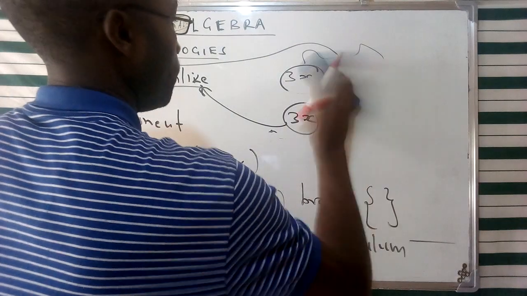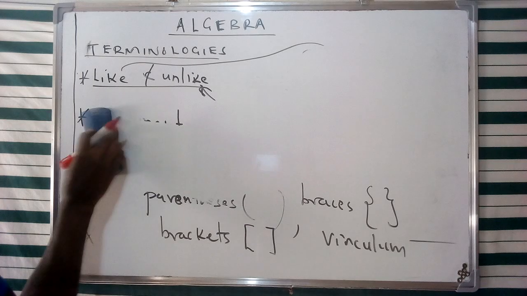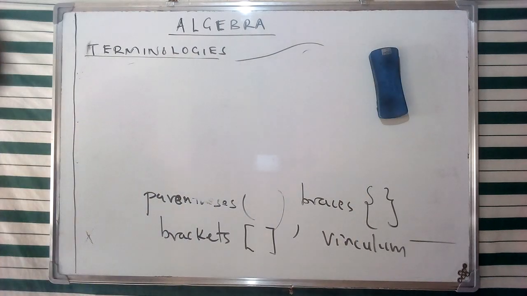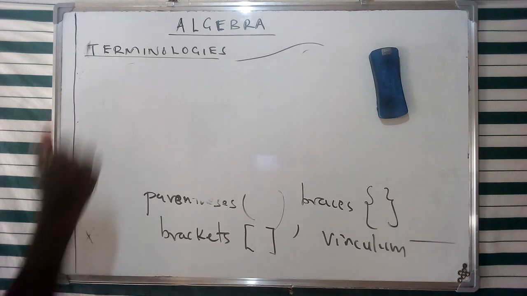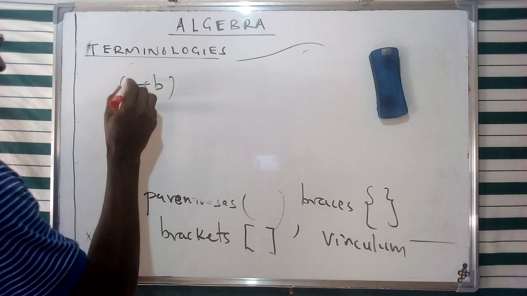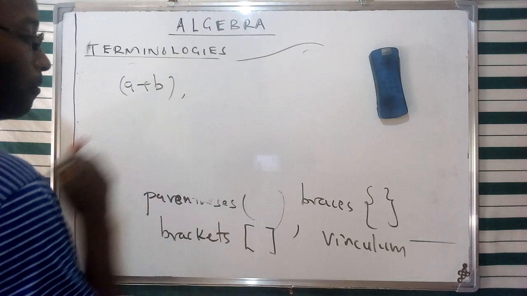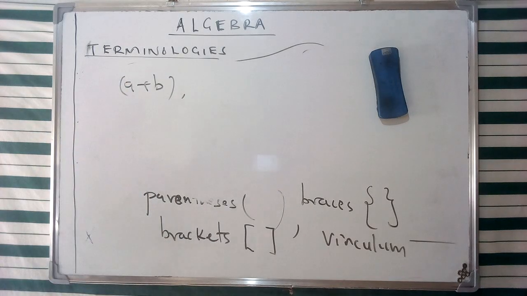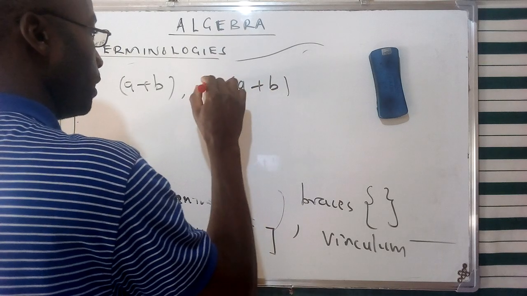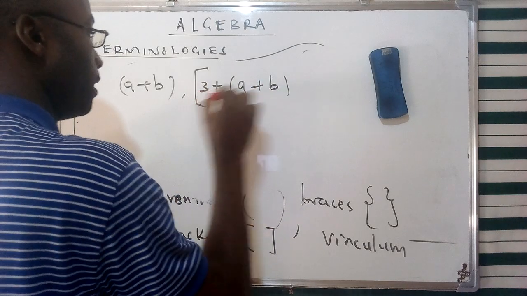Let me give examples of these grouping symbols in a quick note so that we can conclude on that. For instance, I'm going to have (a plus b), and this constitutes what we call parentheses. We can also have braces, {a plus b}, and then we have [3 plus b], given as such.